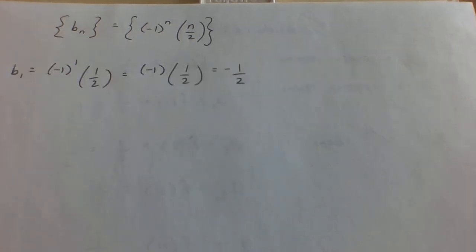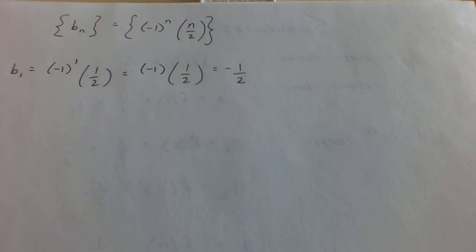Let's take a look at the sequence b sub n, and our sequence is going to be defined as negative 1 to the nth power times the fraction n over 2. Let's go ahead and calculate our first 6 terms. Our first term, b sub 1, is going to be negative 1 to the first power times the fraction 1/2.